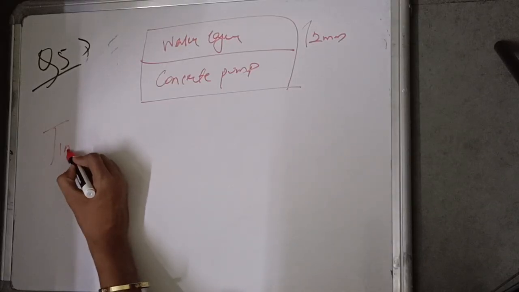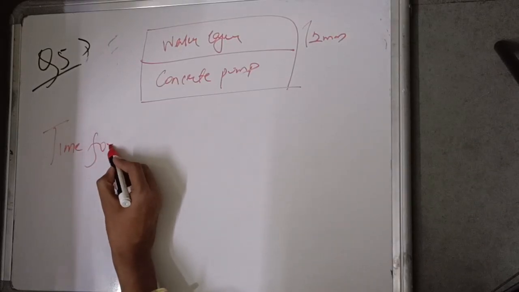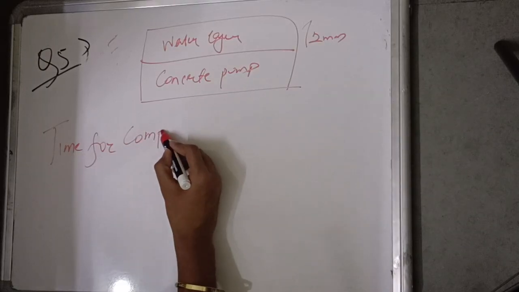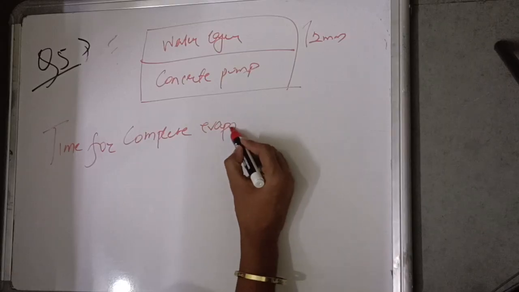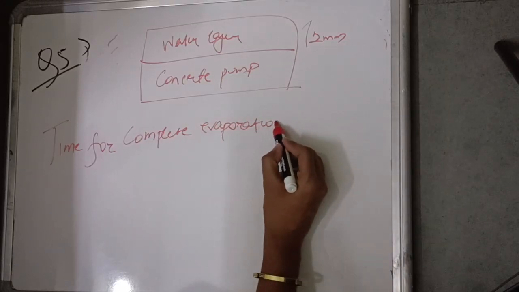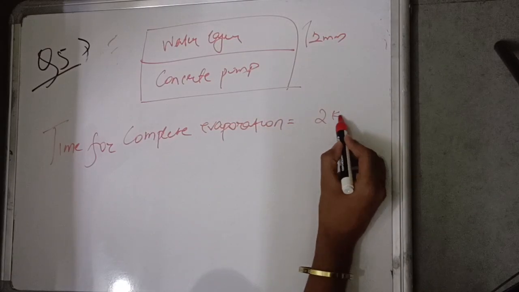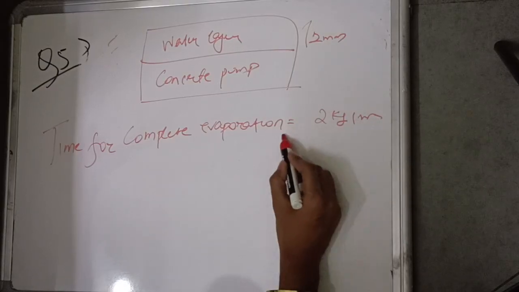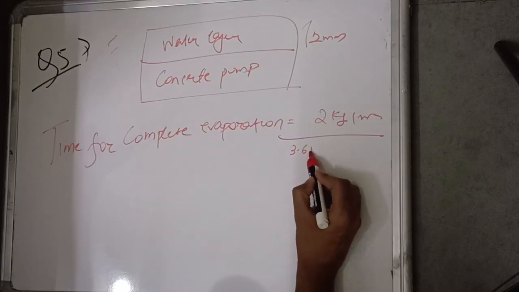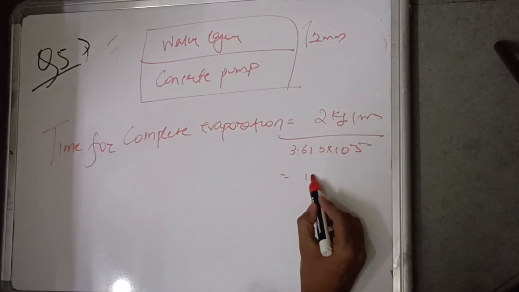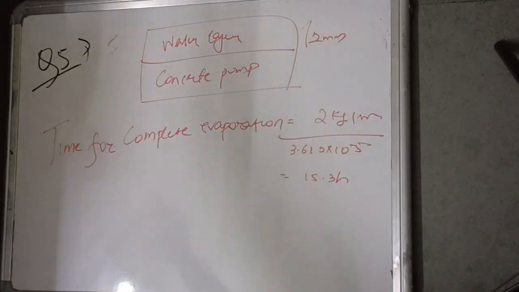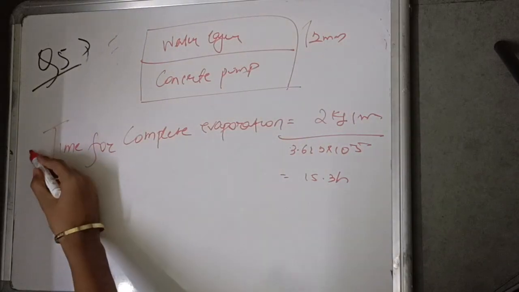We have the time for complete evaporation. We have kept it as 2 kg per meter cube, 3.623 × 10 to the minus 5, to get the 15.3 hours. We have calculated the first part.